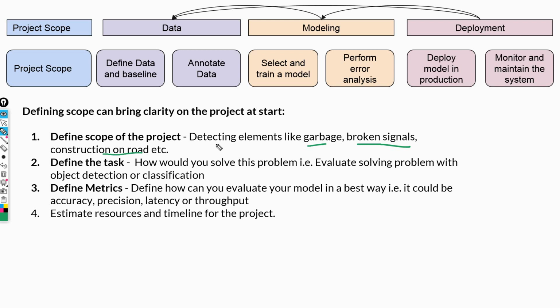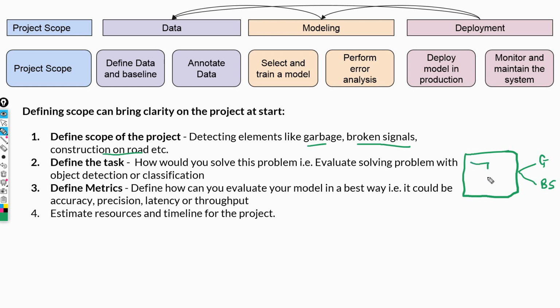Then you will understand what kind of task you need to use to solve this problem. This problem can be solved in two ways, right? You have an image, and you might want to do a multi-class classification where you identify garbage and a broken signal in an image, or you need to point out exactly where the garbage is.